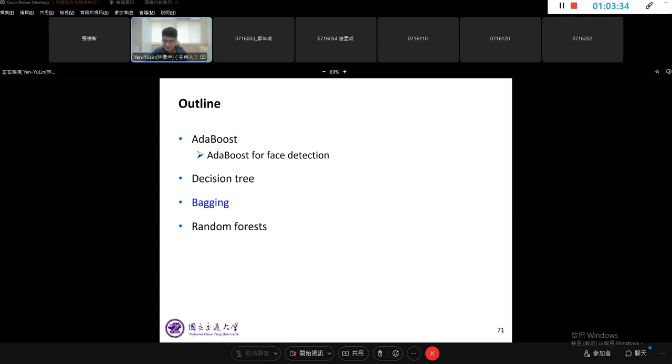In the previous section, we talked about decision tree. In this section, I'm going to specify two famous ensemble algorithms called bagging and random forests. The two ensemble methods can combine multiple decision trees and improve the performance of a single decision tree.